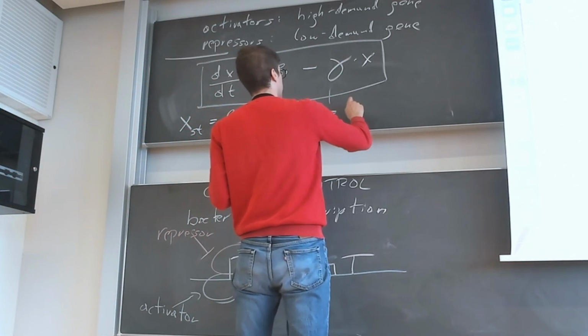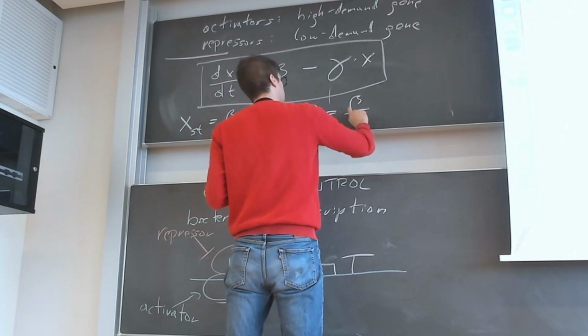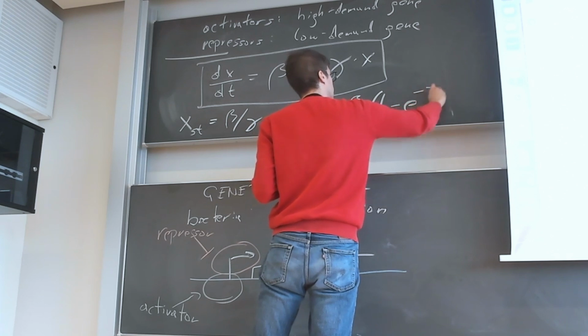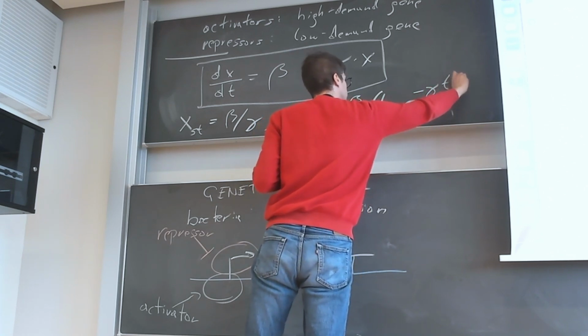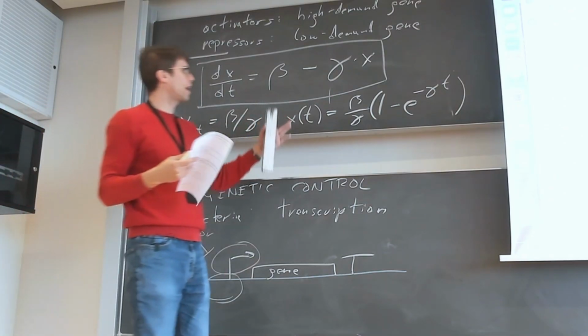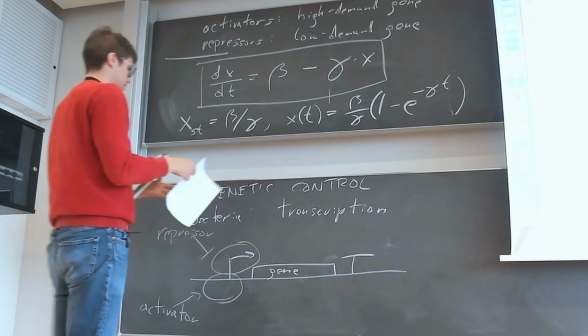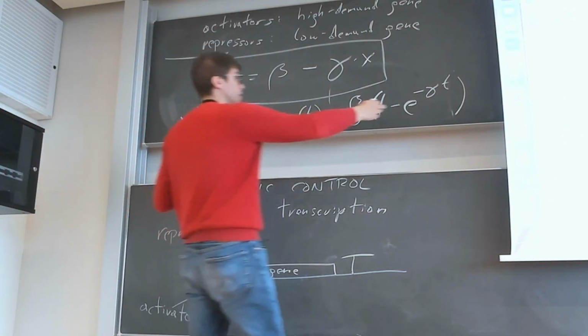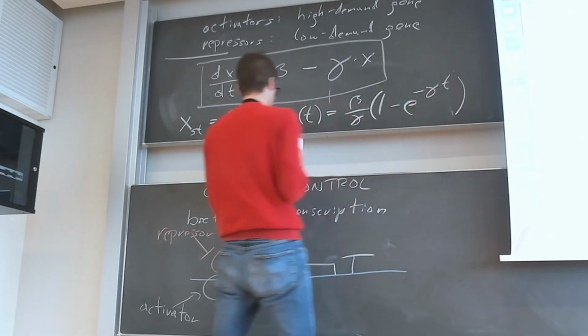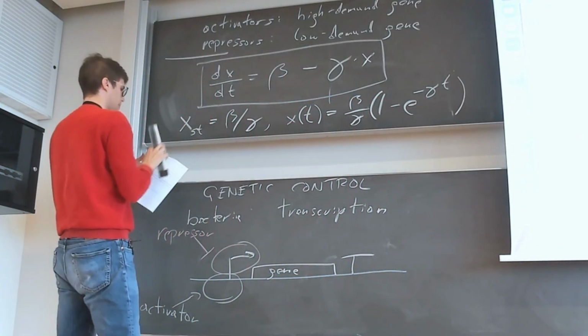So we know that this will be beta over gamma times (1 minus e to the power minus gamma t). So it approaches the steady state exponentially fast. At time t equal to 0, the exponential term will be 1, so we start out at 0 for this solution.